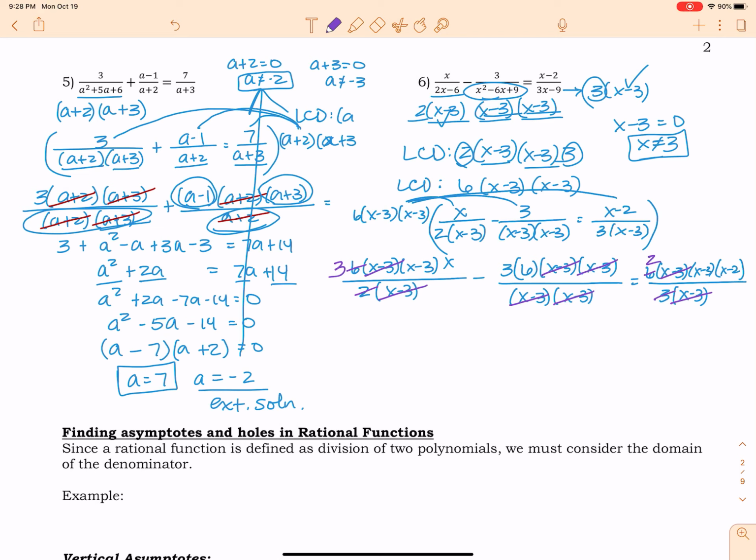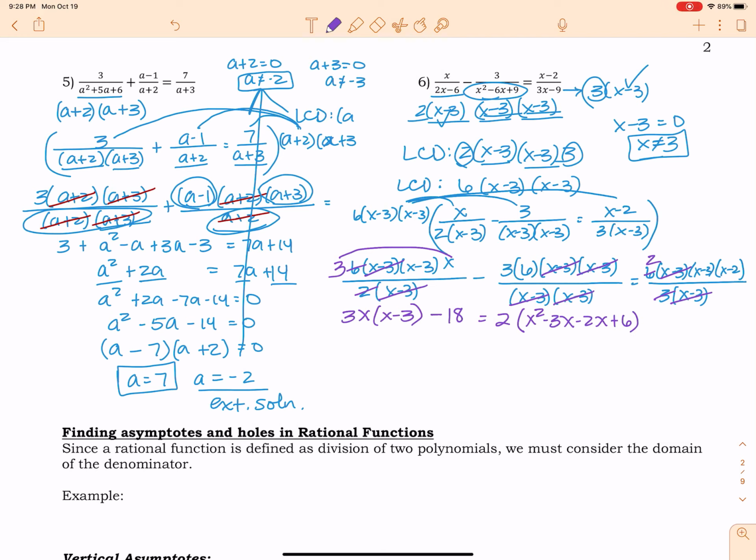Now we're going to tidy this up. All right, over here I've got 3 and x, so I'm going to write 3x, and that is going to get distributed to x minus 3. We'll do that in a minute. Minus 3 times 6 is 18 equals 2 times x squared minus 3x minus 2x plus 6.